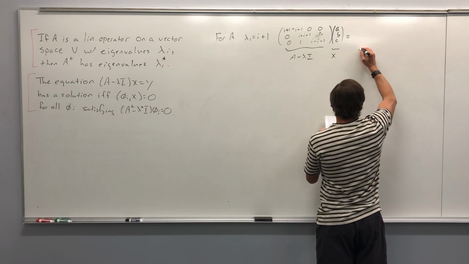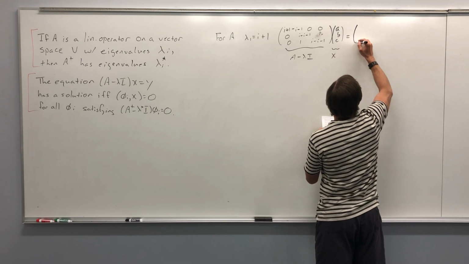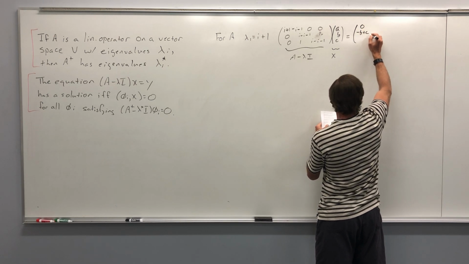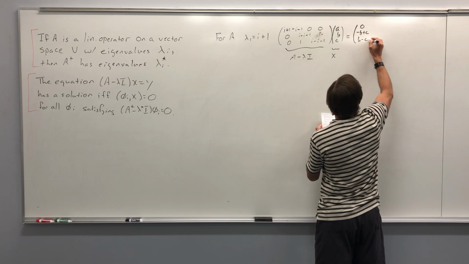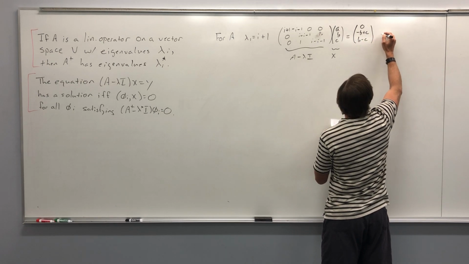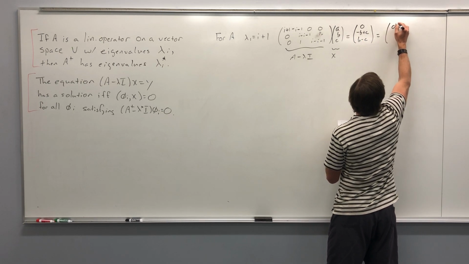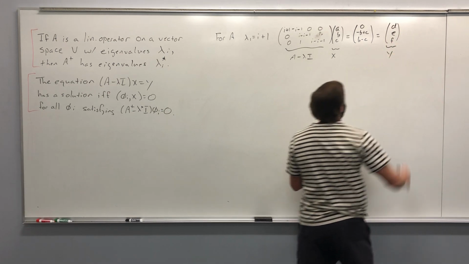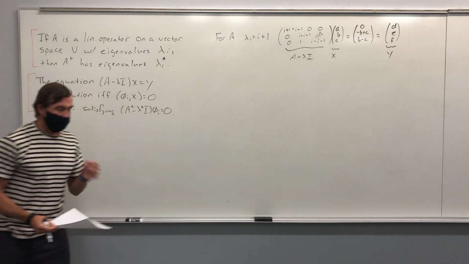And then this will simplify to the following: 0, minus b plus c, b minus c. Okay?